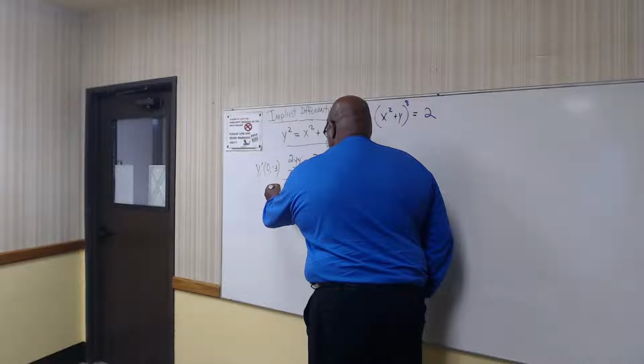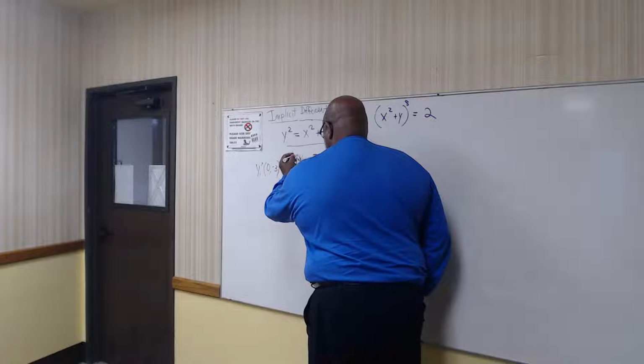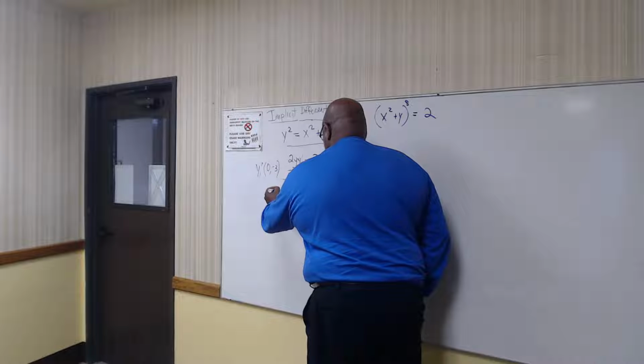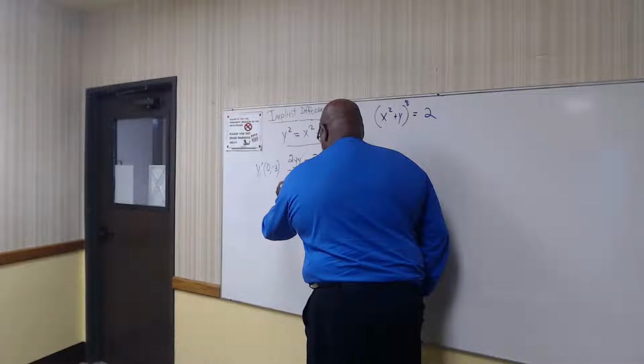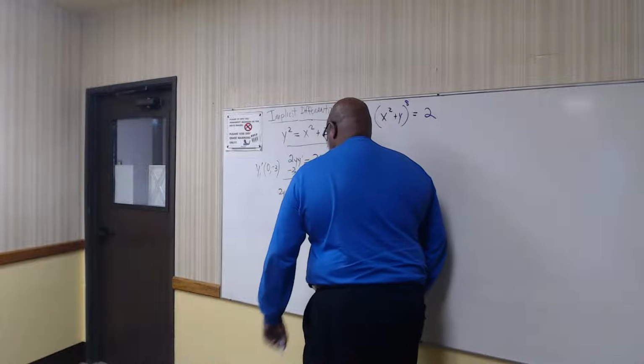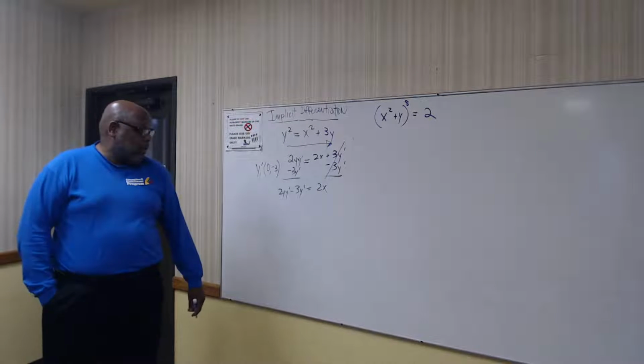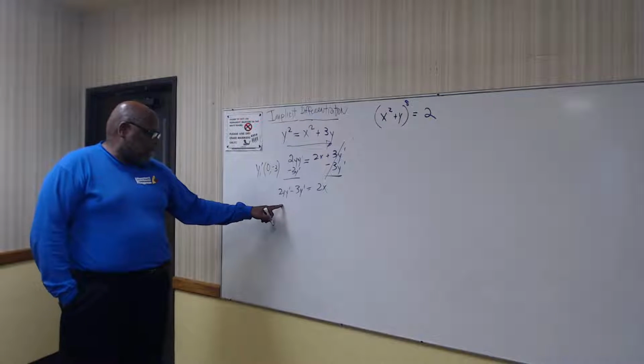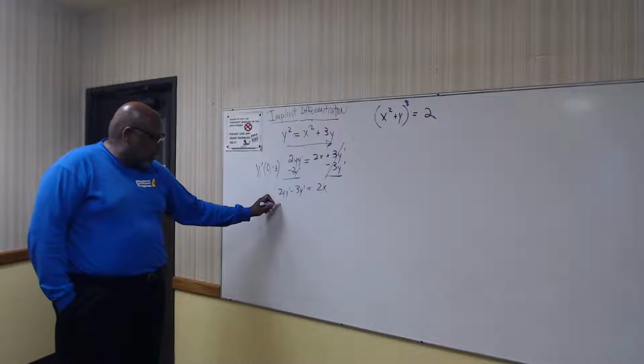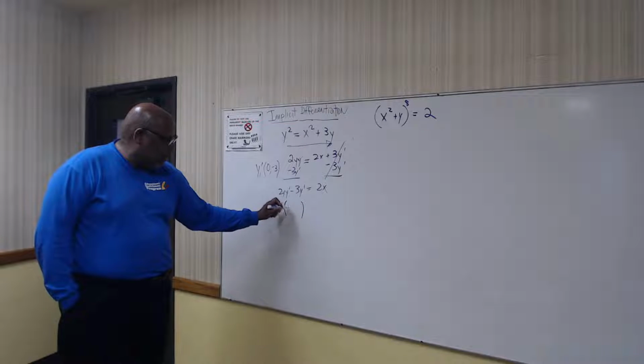Well, do the whole thing. 2y, y prime, minus 3 y prime. Right. That equals 2x. Now what should we do? Then you factor y prime out. And what's it going to look like? y prime times 2y minus 3.